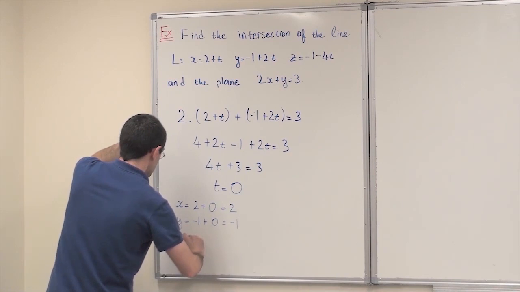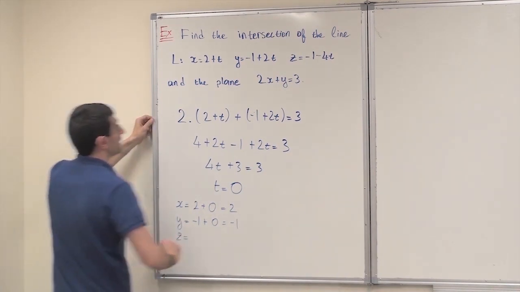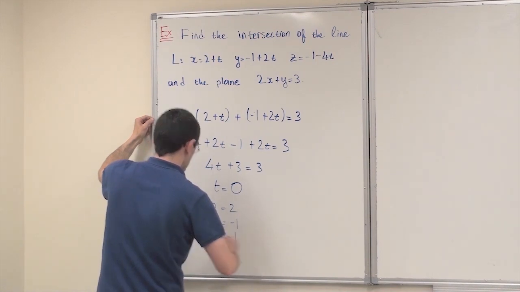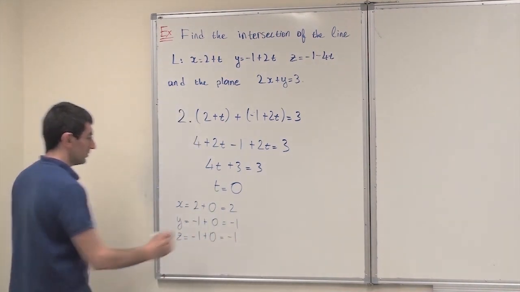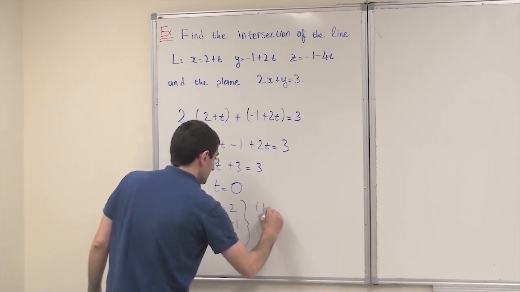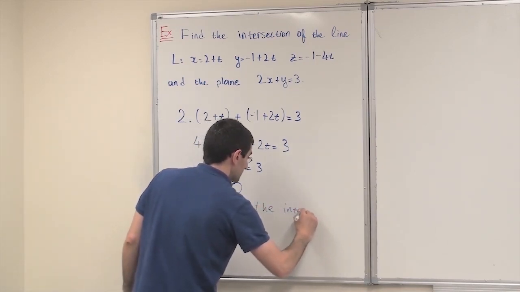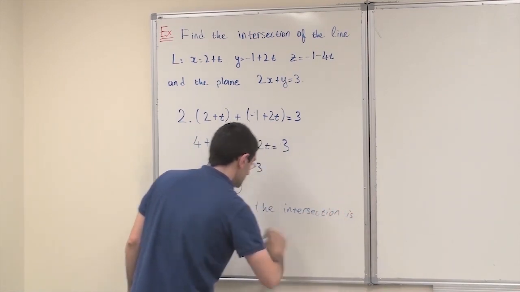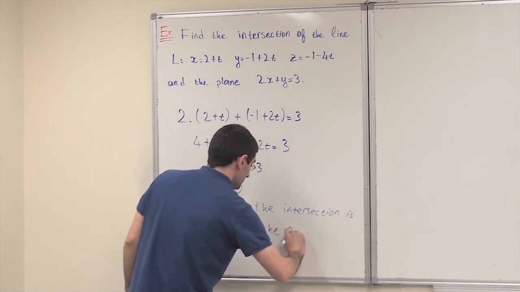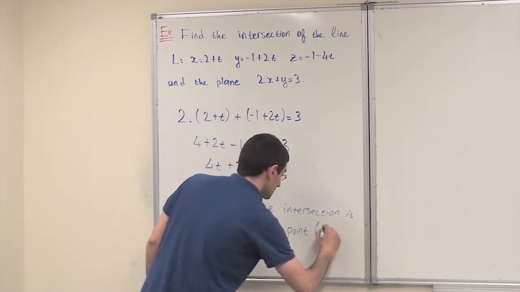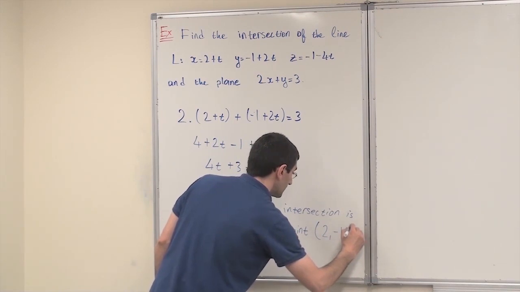And z will be negative 1 plus 0, which is negative 1. So, our conclusion is the intersection is the point 2, negative 1, negative 1.